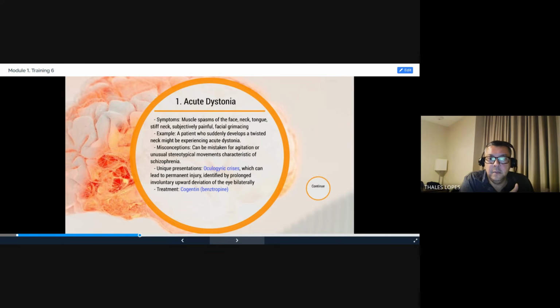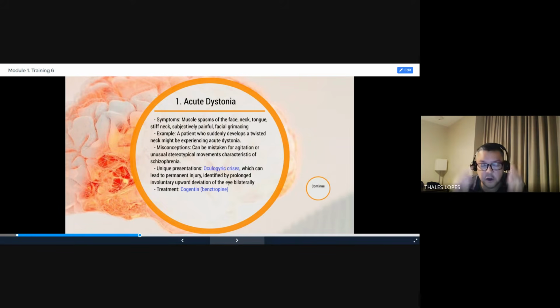Now, one type of this acute dystonia is called oculogyric crisis. So in that case, the eye would be looking up and the face would be all grimace, right? And it is a crisis.